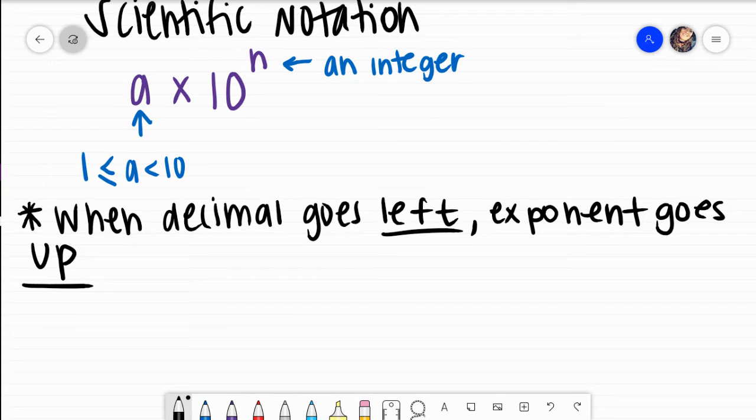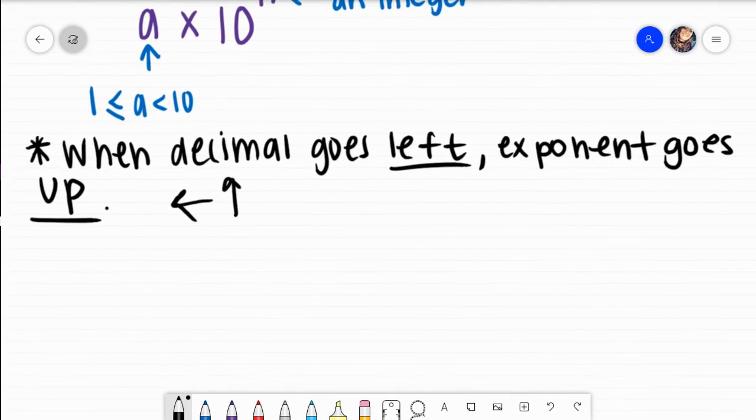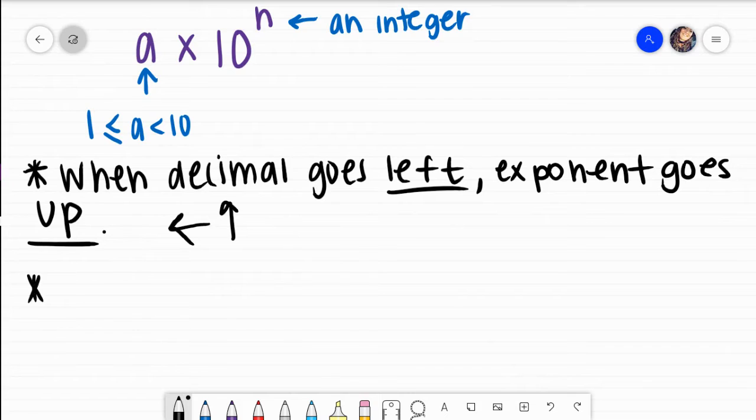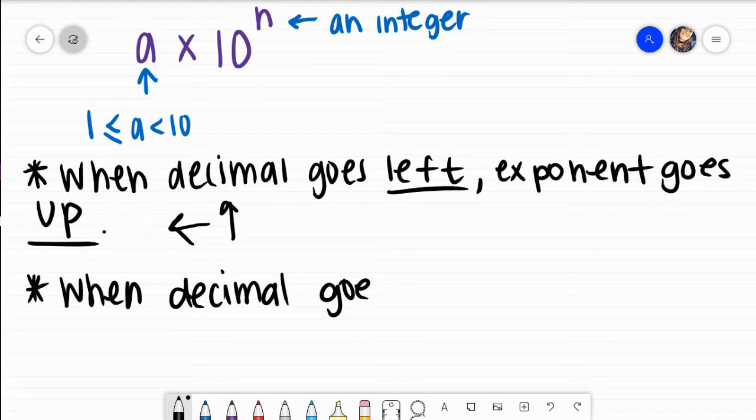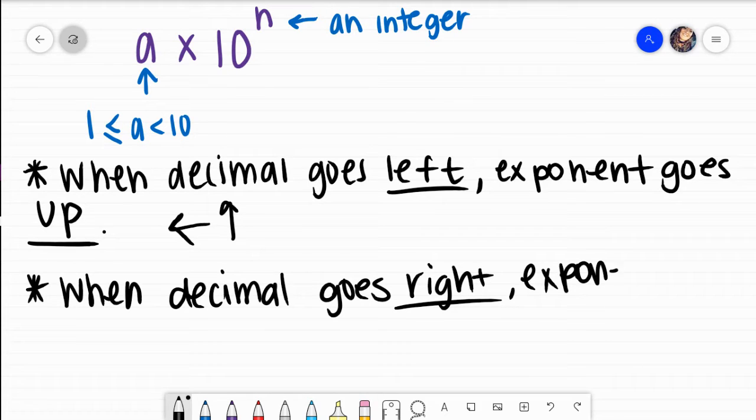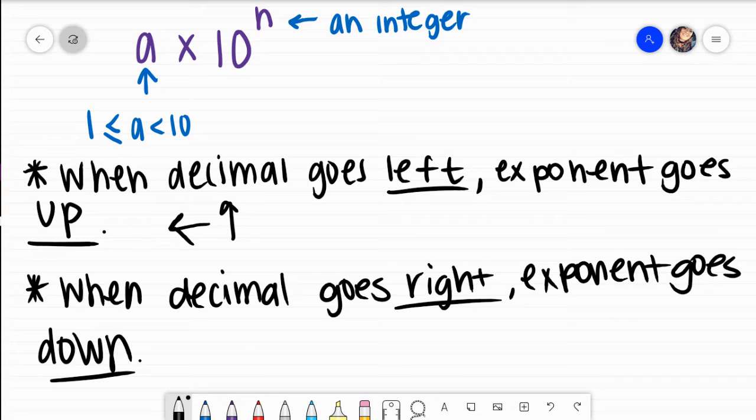So literally when the decimal goes to the left, our exponent's going to go up. And similarly, when it goes right, our exponent goes down. So when our decimal goes to the right, our exponent's going to go down.